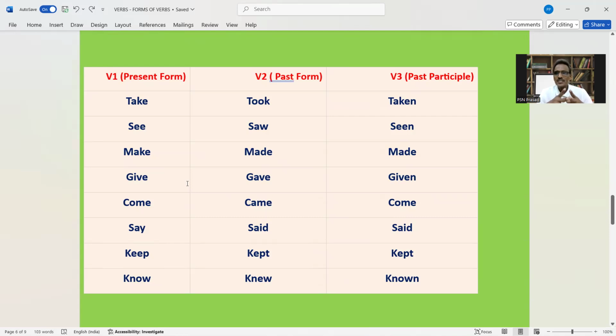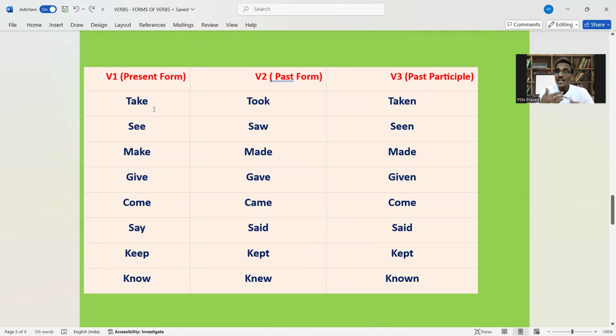So here the point is every verb is placed in three forms. That is V1, V2, and V3. In other words, the present form, the past tense, and the past participle. So the present form of the verb should be used in present actions, right? For actions that take place regularly or at the time of speaking, we use this type of verb.